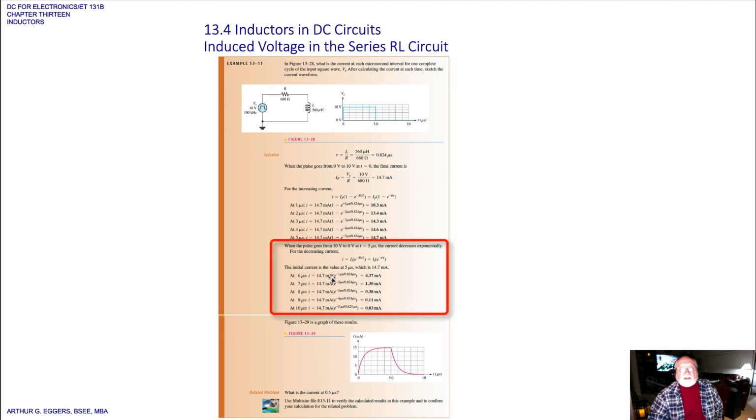At 6 microseconds, we're at 4.37 milliamps. 7 microseconds, 1.3 milliamps. 8 microseconds, 0.38 milliamps. 9 microseconds, 0.11 milliamps, and 10 microseconds, 0.03 milliamps. Now we have all of our values from 1 to 10.